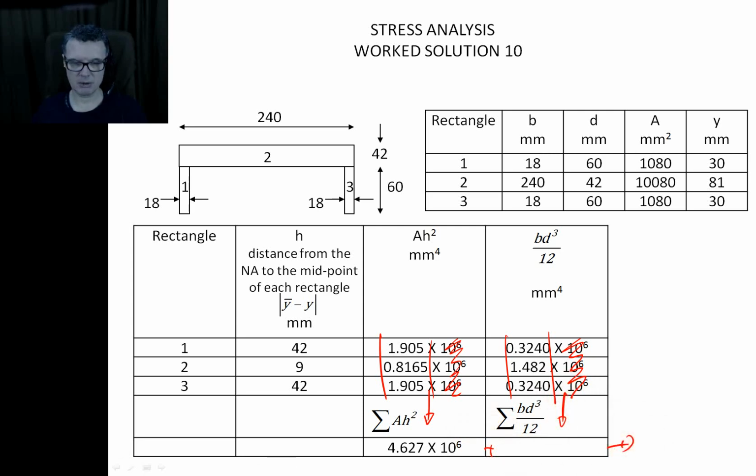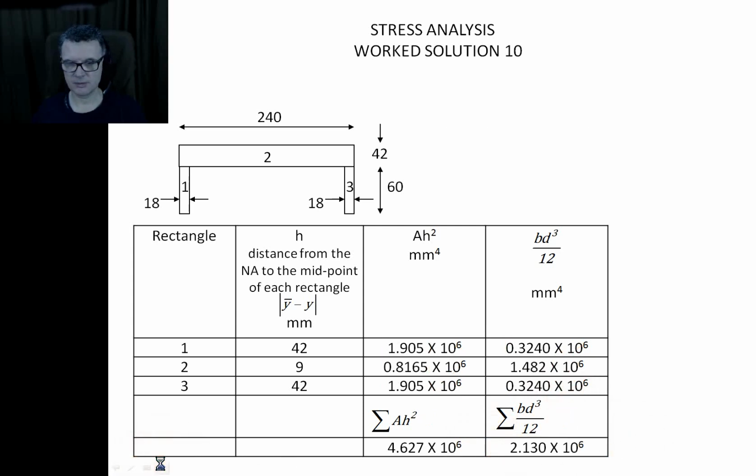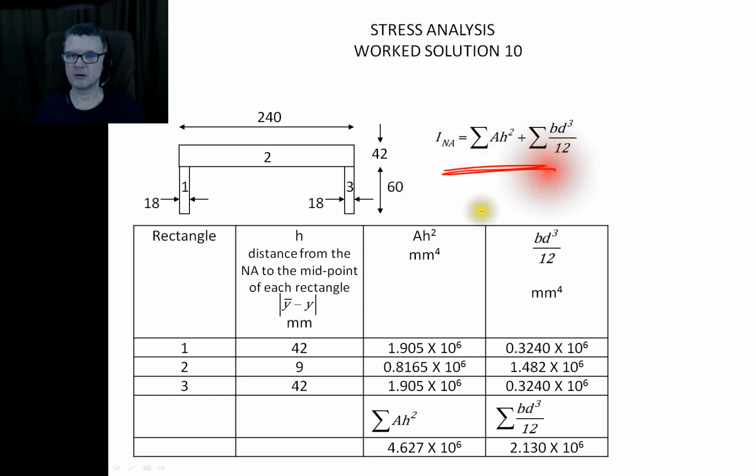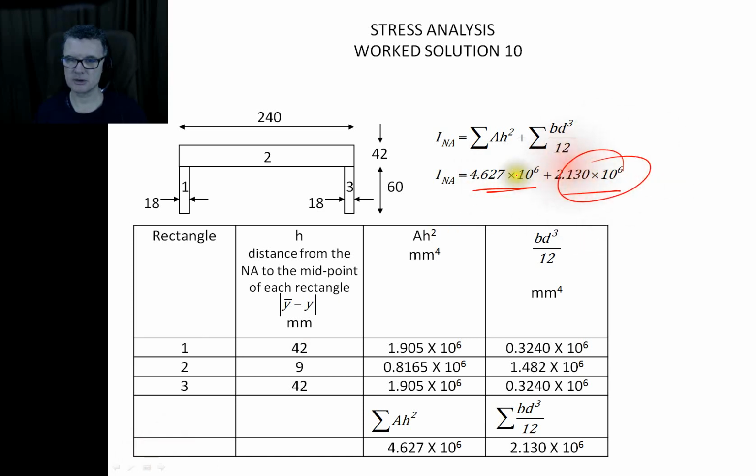So we need to sum up the column on the right. We're going to use our formula for the second moment of area for the entire channel girder: the A h to the power 2 and the b d to the power 3 divided by 12 results sum.